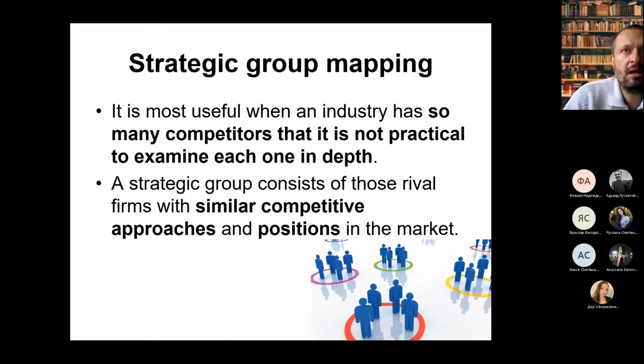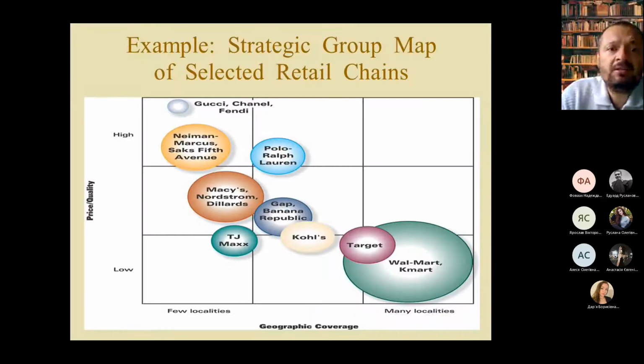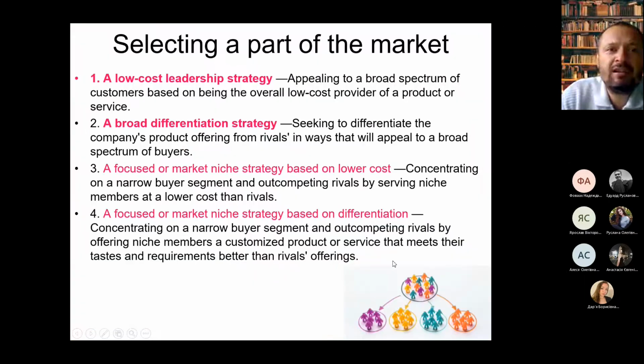Then we have to understand that maybe there are a lot of competitors who are using the same strategy as us, and we have to create this picture. And finally, we have to create the strategy based on these examples.